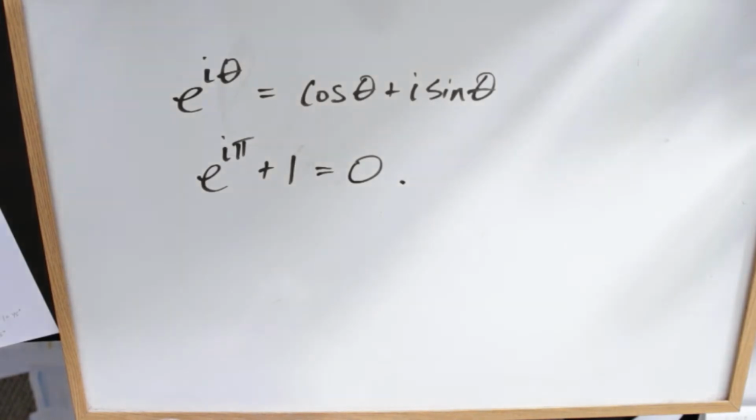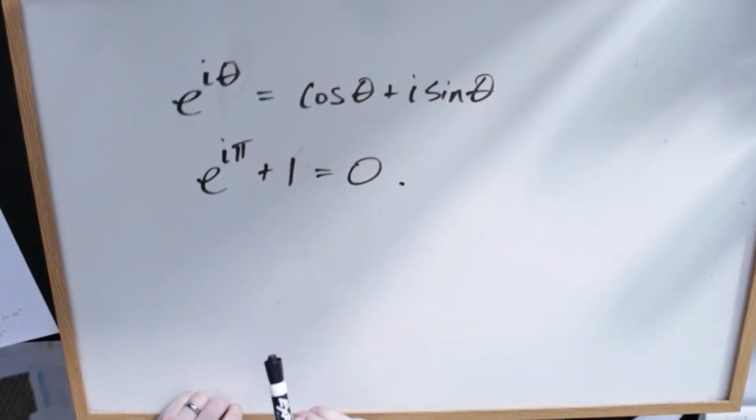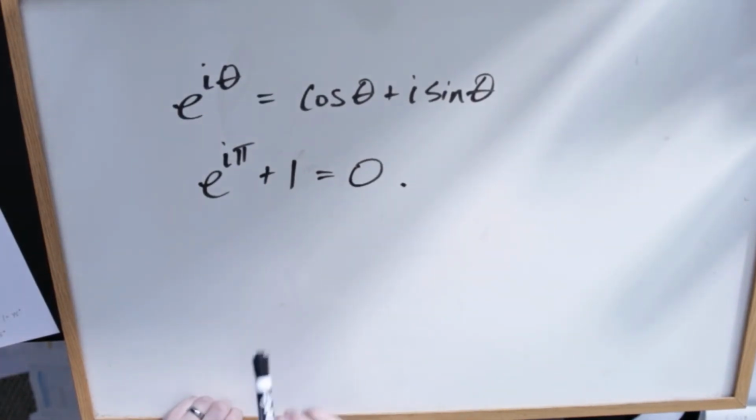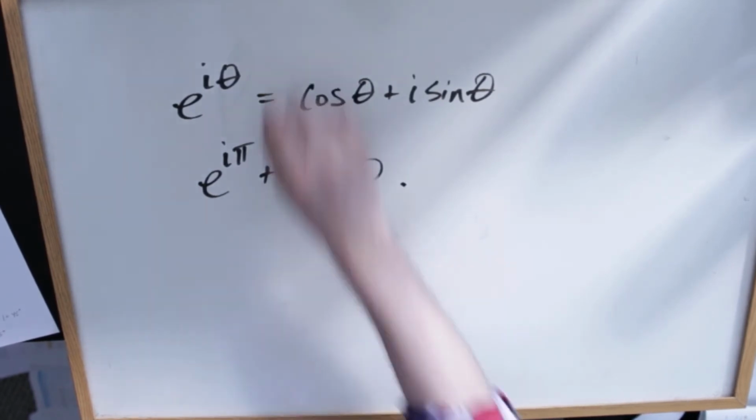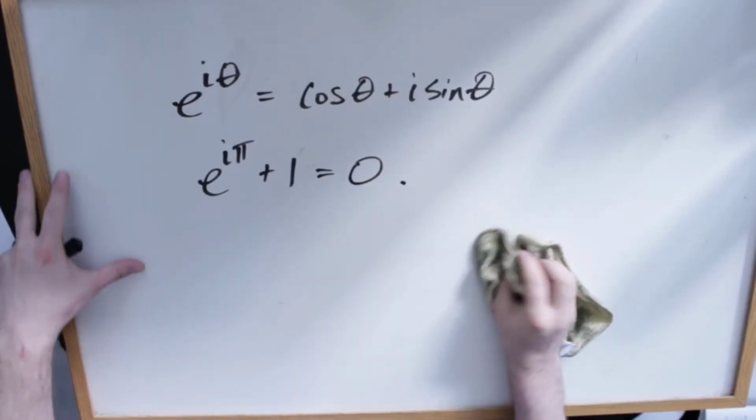So this is considered by most people to be the most beautiful math equation ever. It's kind of insane how it works, but yeah, there you go. That's a little side note for you. Again, it's just a different way of representing it. Maybe when we get into polar coordinates, we'll start using some of that.